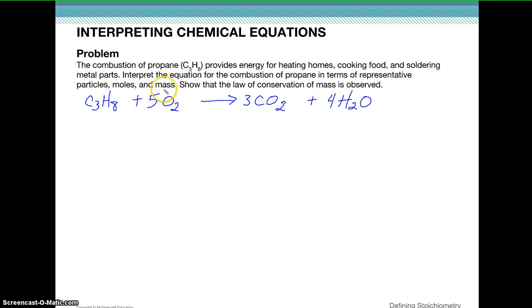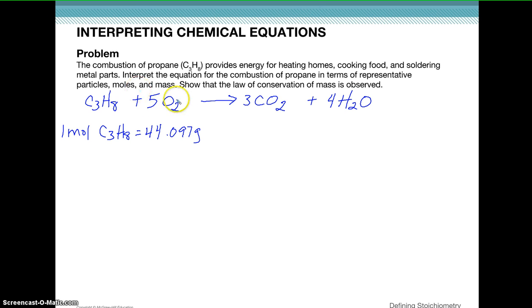Now, if we want to look at it in terms of mass, we have to convert our moles to grams, so we need the molar masses. Looking at your periodic table, 1 mole of C3H8 has a mass of 3 times carbon plus 8 times hydrogen, which gives us 44.097 grams. That's the mass of 1 mole of C3H8.